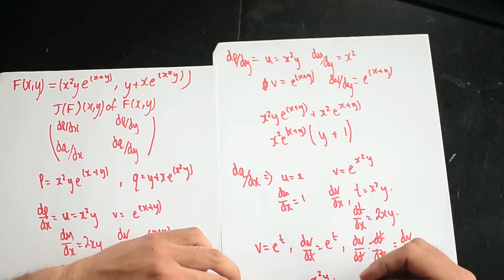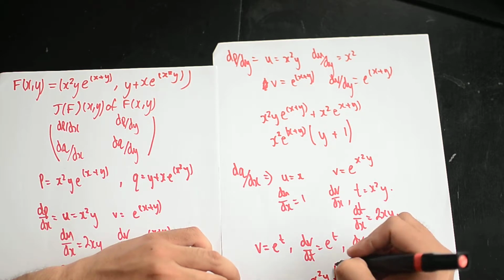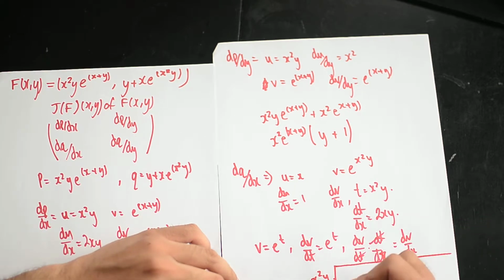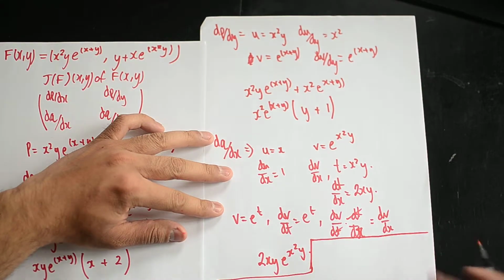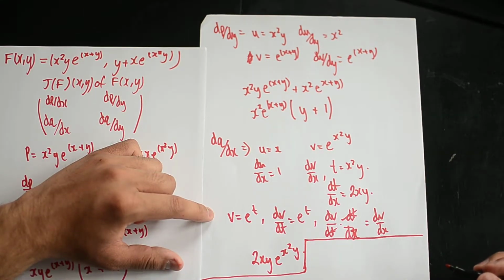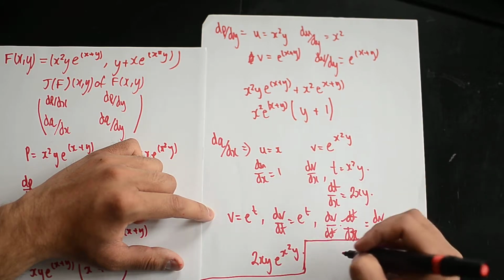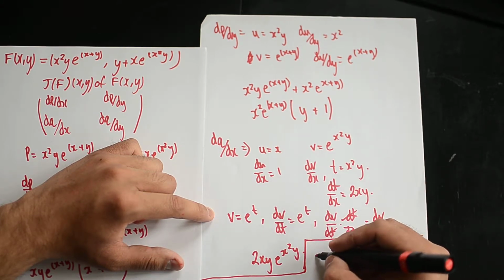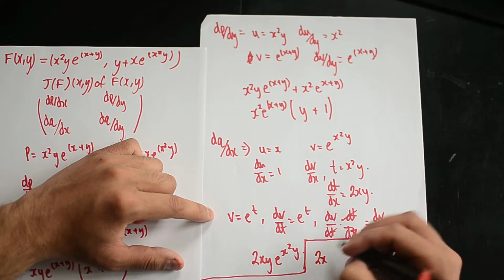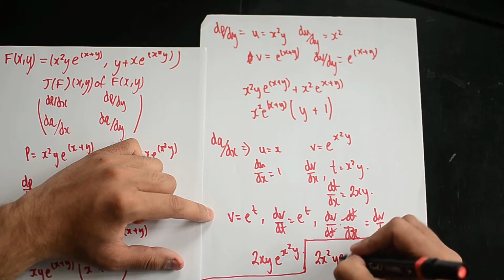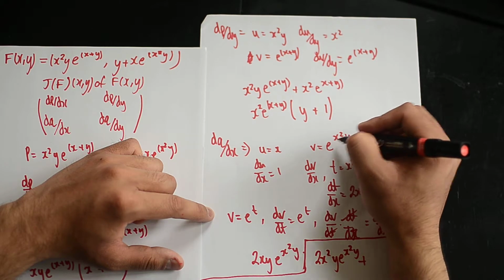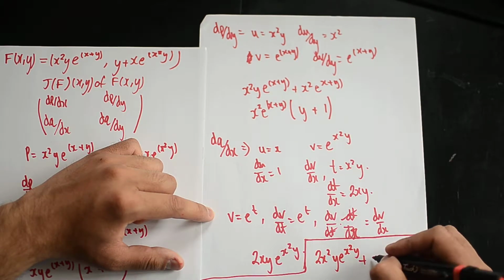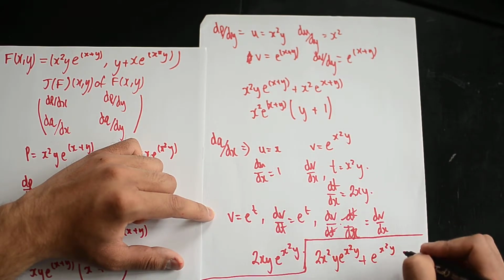So let's just put a little box here. Now we're going to get u dv dx, which is 2x squared y e^(x squared y), plus v times du dx, e^(x squared y).